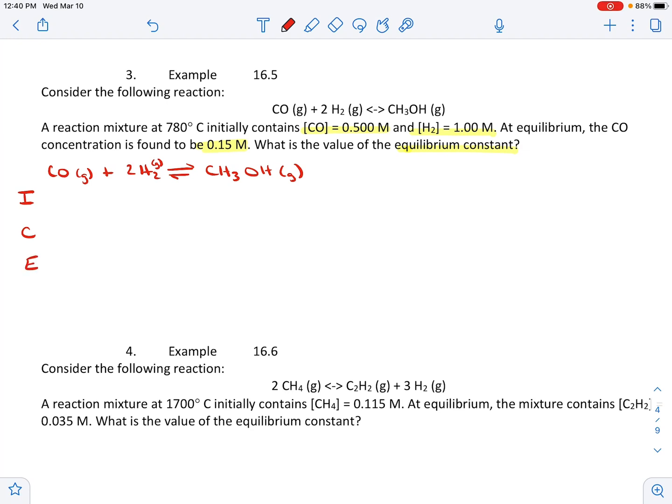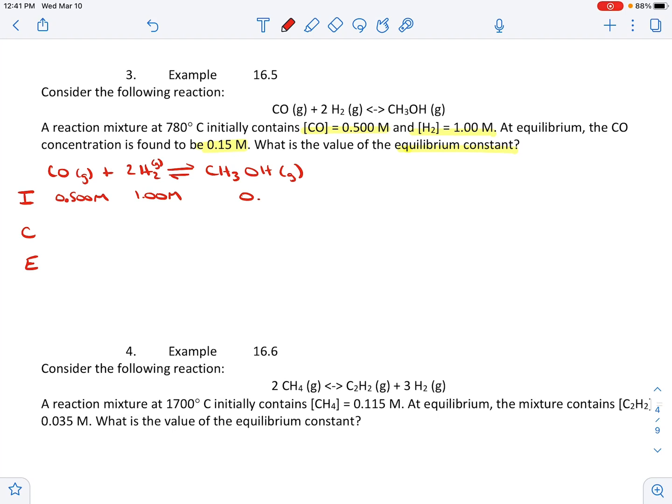Remember, I stands for our initial concentration. In our problem, we have 0.500 molar of CO and 1.00 molar of H2. It says nothing about CH3OH, and since it's the beginning of the reaction, we'll assume 0 CH3OH.